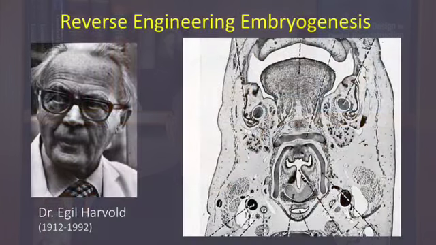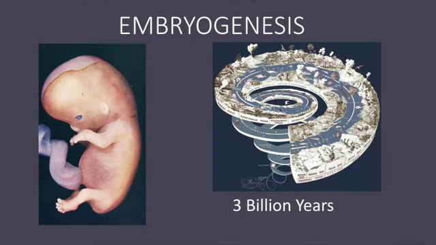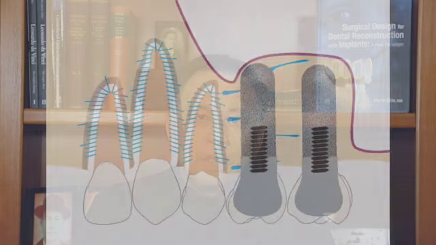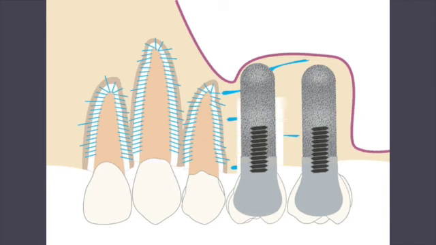The theory here is to use the method that the embryo employs to create the skeleton to begin with, to understand how this works, and then to use these techniques to design new operations to make surgeries work better.